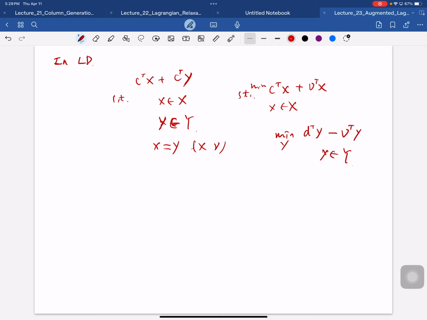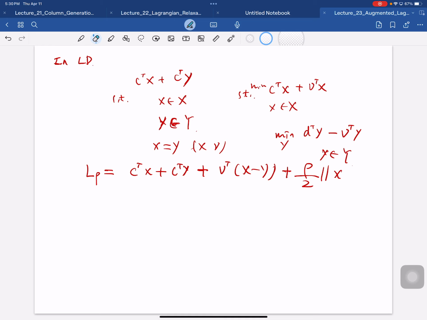But if you add an augmented term, what is going to happen is that the Lagrangian function with an augmented term will be the following: c transpose x plus c transpose y plus mu times (x minus y), plus a term with 2 over rho. Maybe I'll still write it in vector form.